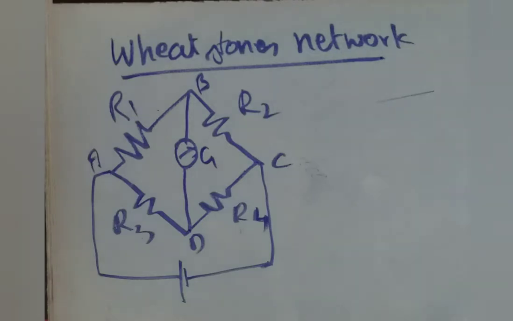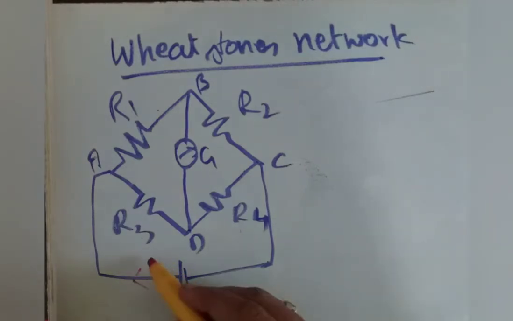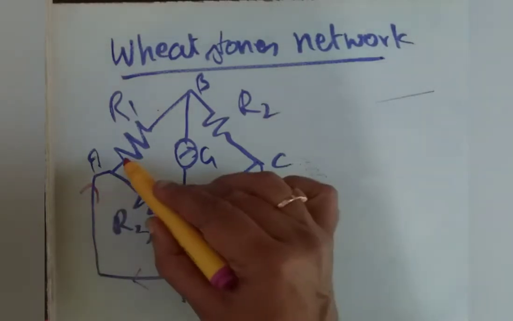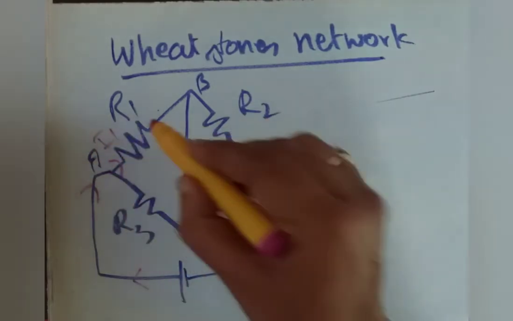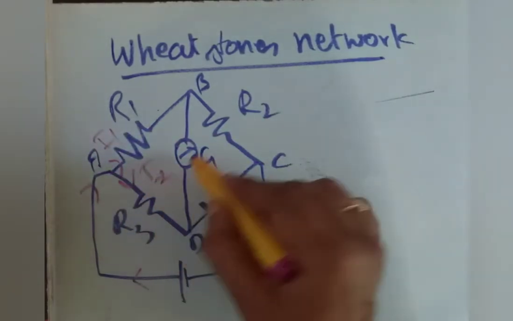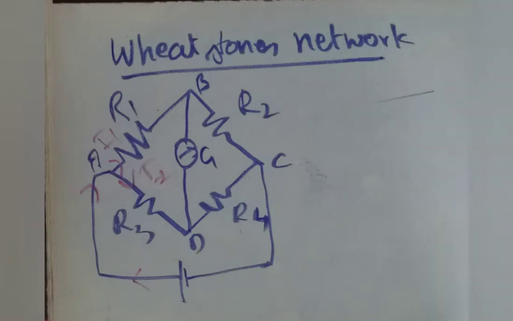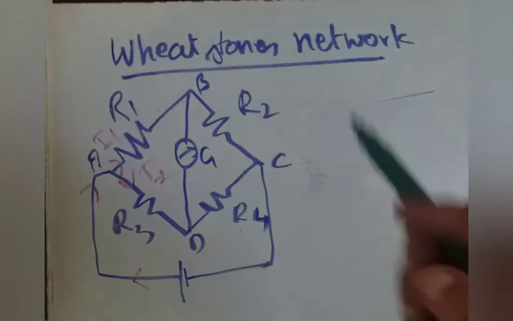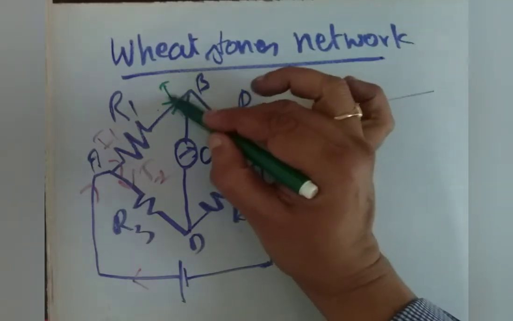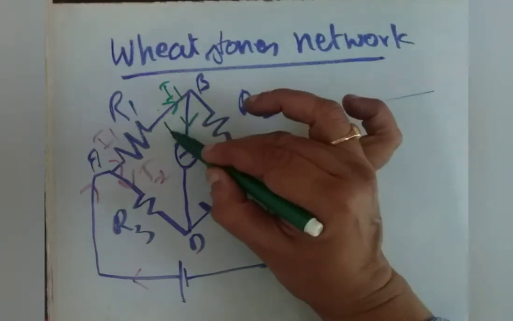Now we want to learn how this circuit works first of all. For that, we write down the current directions in this. Say current enters from here, and the current splits into I1 and I2 there. Then this current I1 and I2 come up to here, and here a branching takes place again.